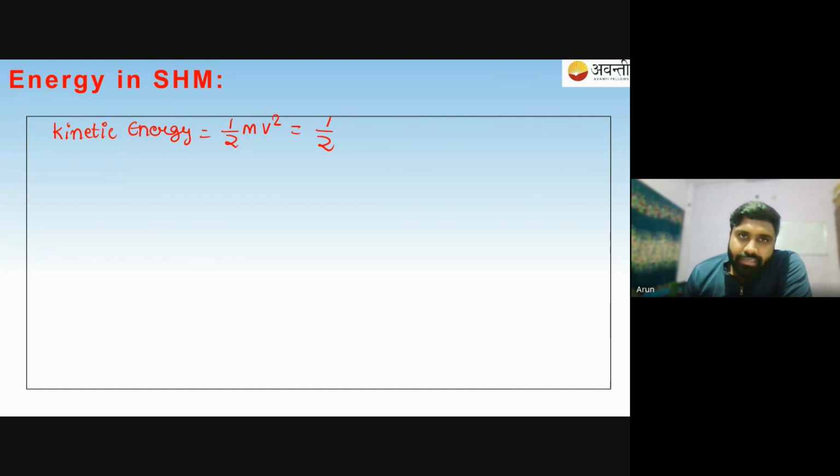So if you put the expression we have got, v square is equal to omega square times a square minus x square. You can put the same here. So you will have 1 by 2 m omega square times a square minus x square. So this is kinetic energy in displacement form.